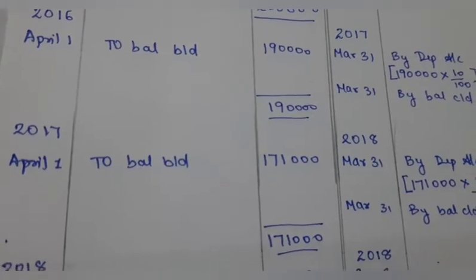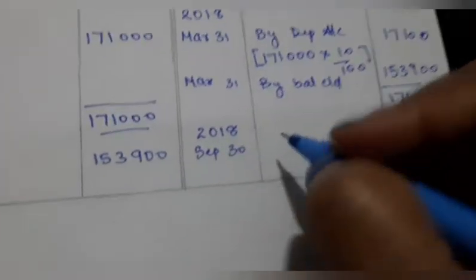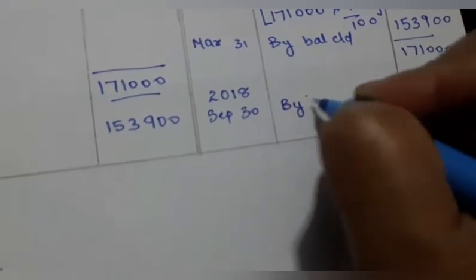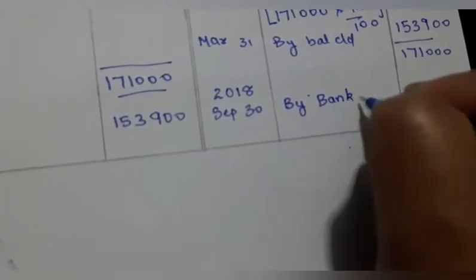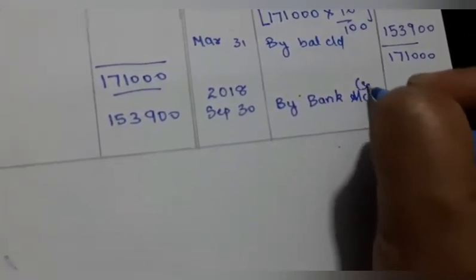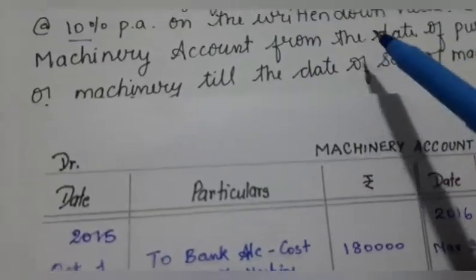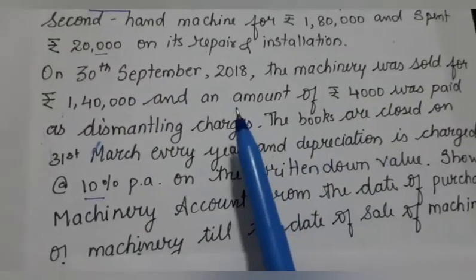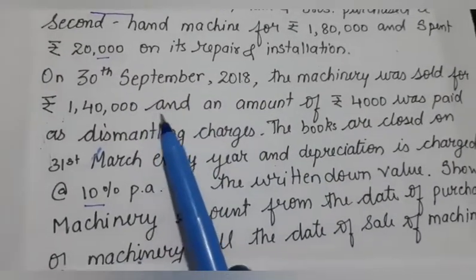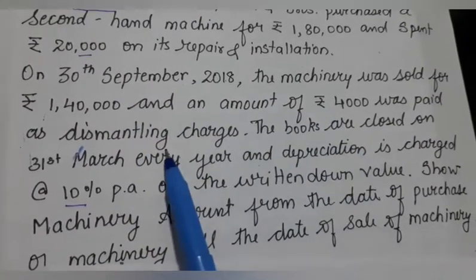September 30, by bank account. So how much money are we getting when we sold this machinery? It is given that the sales value of this machinery is 1,40,000. But there was also a dismantling charge.